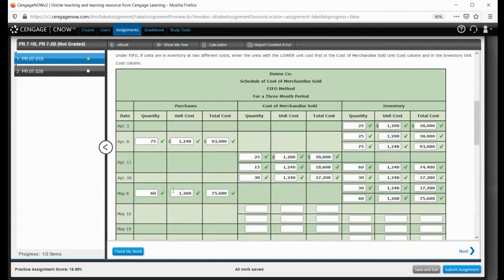Because we have just made a new purchase at a different cost, see, our costs are different here, we have to create a new layer of inventory. And so our last purchase, which was on May the 8th, we got a new layer in ending inventory of 60 units at $1,260, which is $75,600.